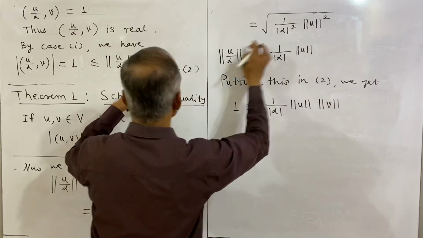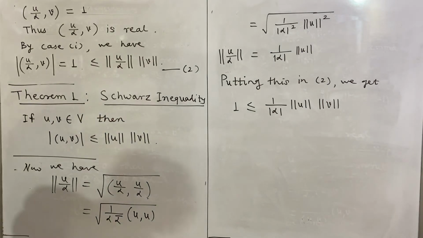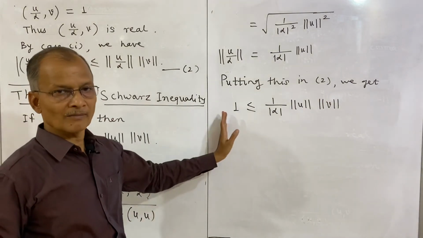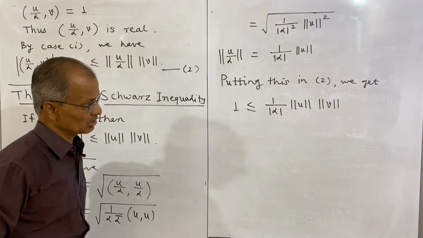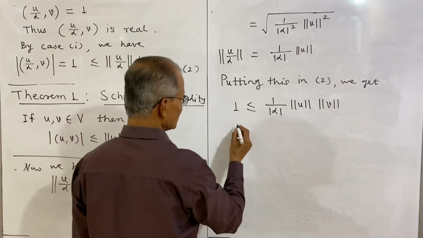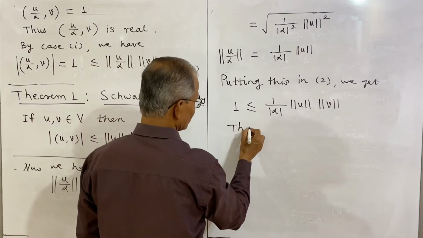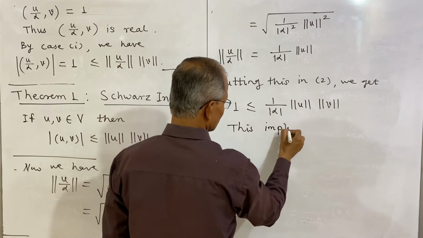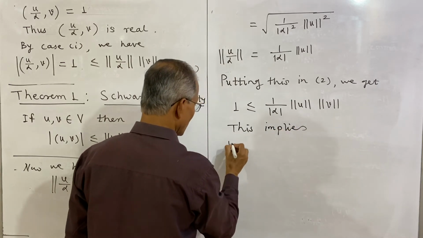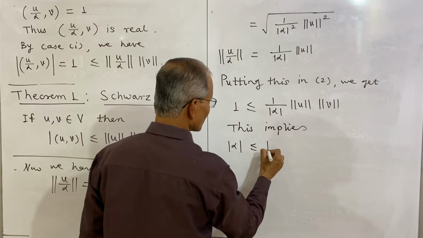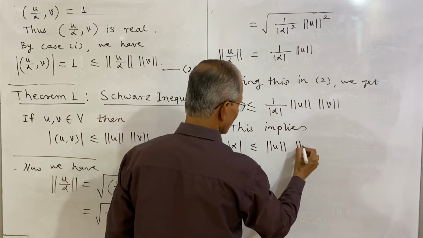This expression we have used here, and now we can multiply by mod alpha on both sides. It is a positive quantity, so this implies mod alpha is less than or equal to norm u into norm v.